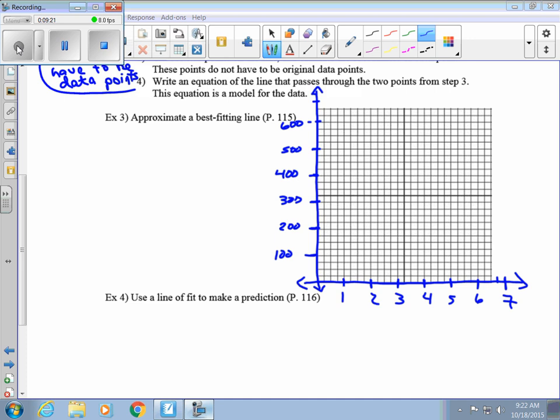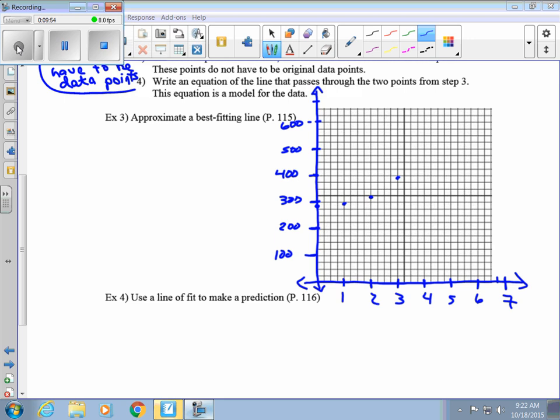The first one we're going to put in is 0, 280, which is right about there. Then I have 1, 295, just under my 300. Then I have 2, 322, so just under 325. Then I have 3, 395, so almost 400.